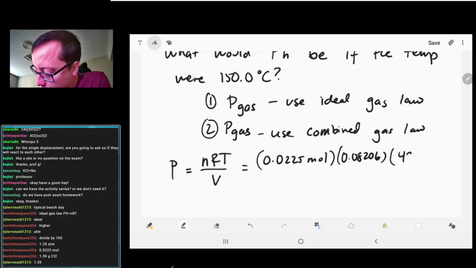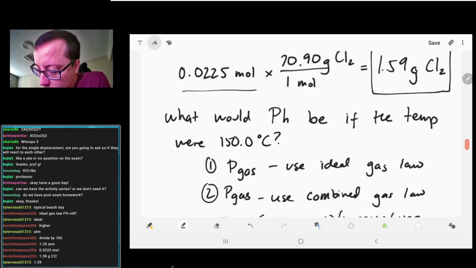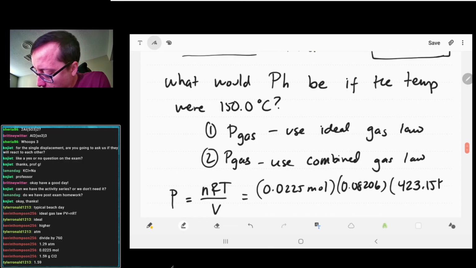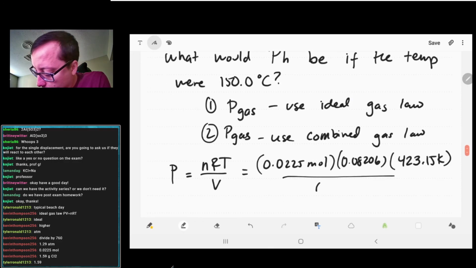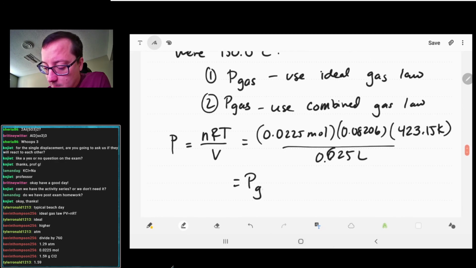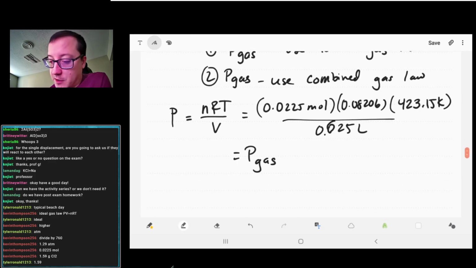We now have 423.15, and 0.625 liters. If we do this, we're going to get the pressure of the gas. And so we're going to be able to see what that height difference would be by subtracting our atmospheric pressure. But that's how we could solve for the pressure of the gas.